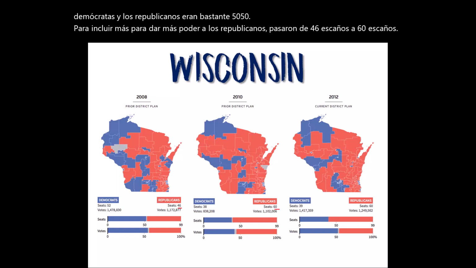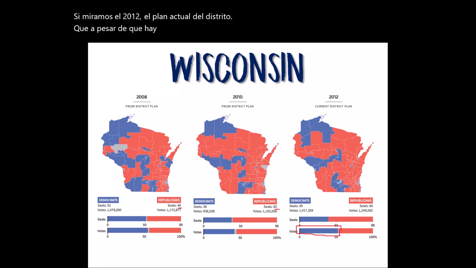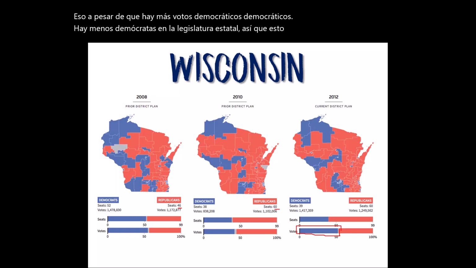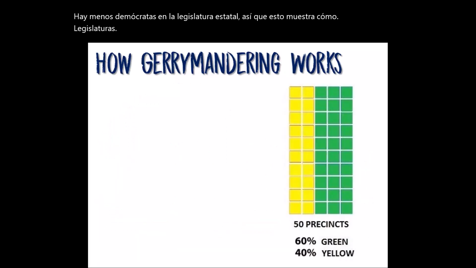And then, if we look at 2012, the current district plan, we can see that even though there are more Democratic votes, there are fewer Democrats in the state legislature. So this shows you how it can affect legislatures.